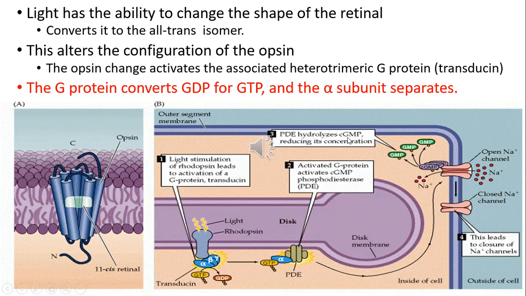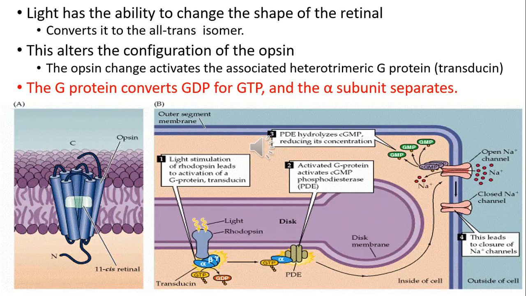Once the concentration of the cyclic GMP is reduced, if you can see, it's going to be broken down into smaller segments. Here you can see GMP being broken down by the enzyme known as PDE, which is phosphodiesterase. Once it's broken down, the reduction in GMP on the channel leads to closure of the sodium channels.